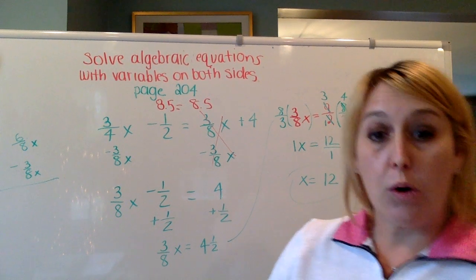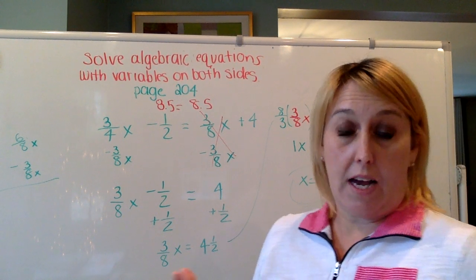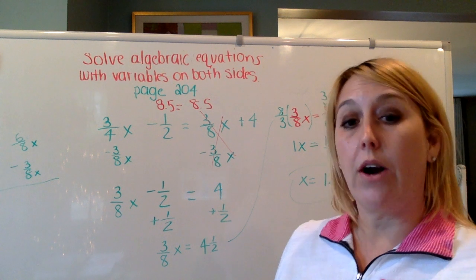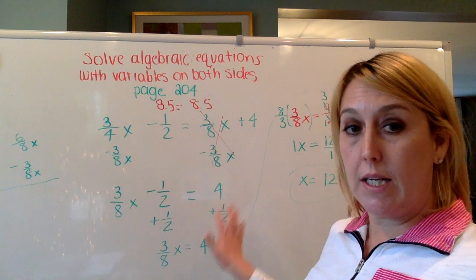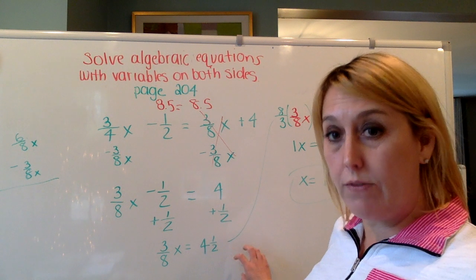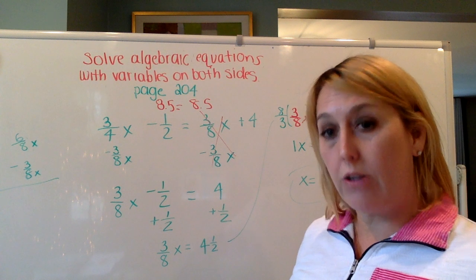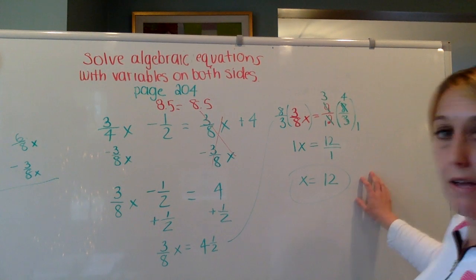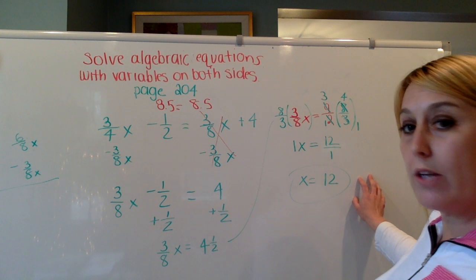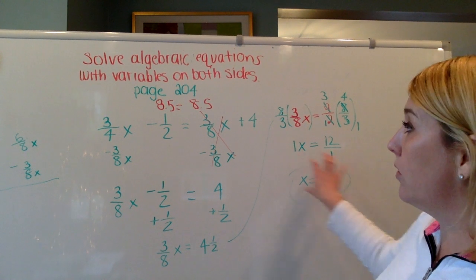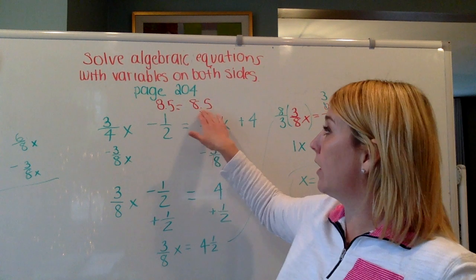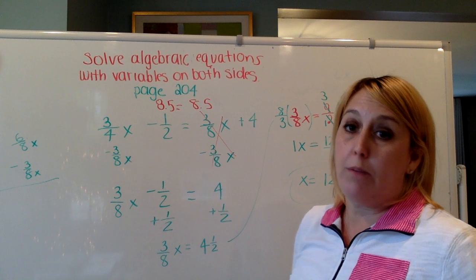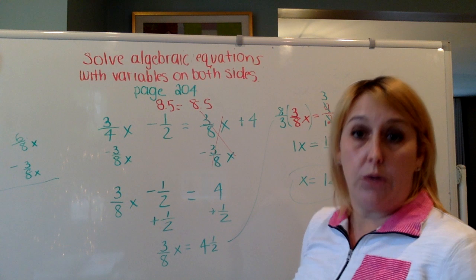So again, I encourage you to use your calculator at the end when you're substituting. You need to do all the work first to get your value for x. But once you get your value for x, I'm not really looking for you to just have a bunch of busy work, but I would like you to go back and take the value that you got and substitute it into the original equation to make sure that you get equal numbers on both sides of the equation, because then you know that you did it correctly.